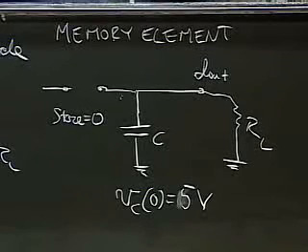And in fact, that's actually what happens in a dynamic RAM. The value on the capacitor is not stored forever. In fact, that's why we call it dynamic, because we have to come back and restore it every once in a while. So for how long are we going to store the charge? Okay, so what's the response of V sub C for t greater than 0 after the switch flipped?